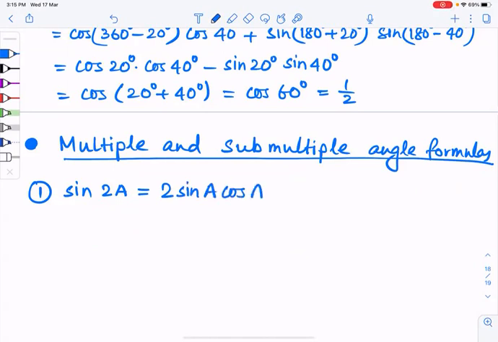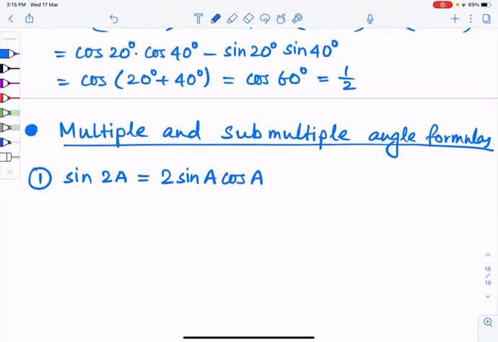You can get all these formulas by using compound angle formula, as in you know this sine a plus b formula. In that you have to put this b also as a. So sine a plus a, that is sine 2a, and you will get this.